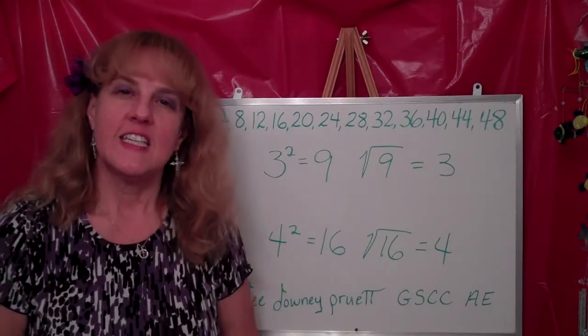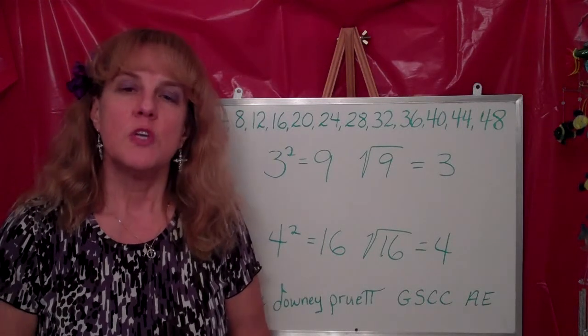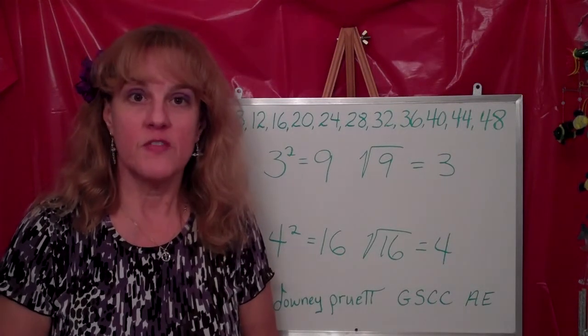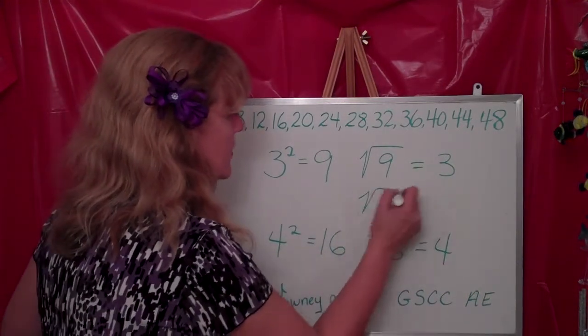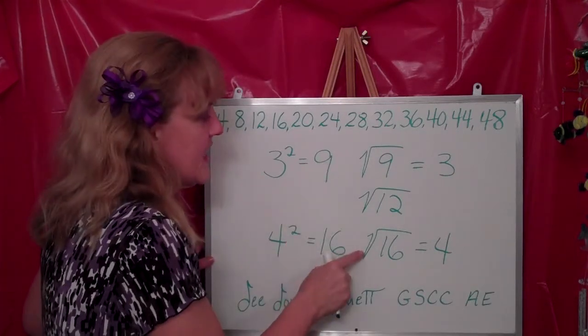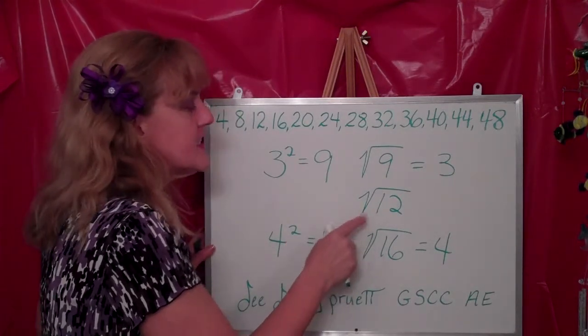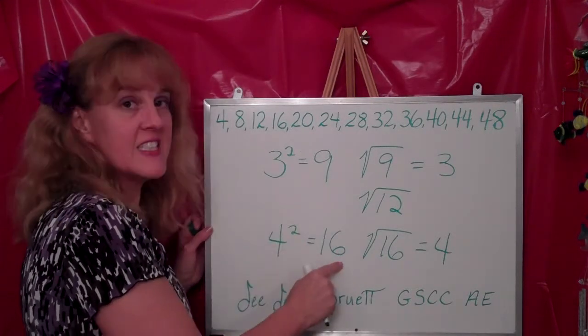On the GED test, you may see a problem similar to this. Between what two numbers is the square root of 12? Well, the square root of 12 would fit between the square root of 9 and the square root of 16, but it is not a perfect square. 3 squared is 9, 4 squared is 16.